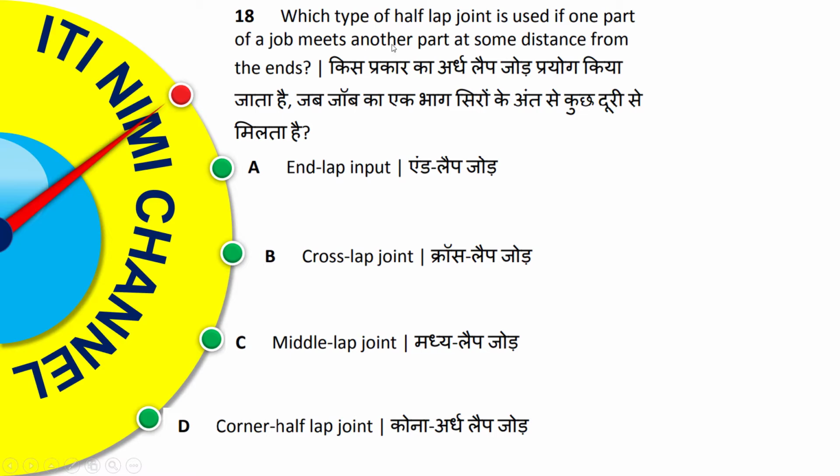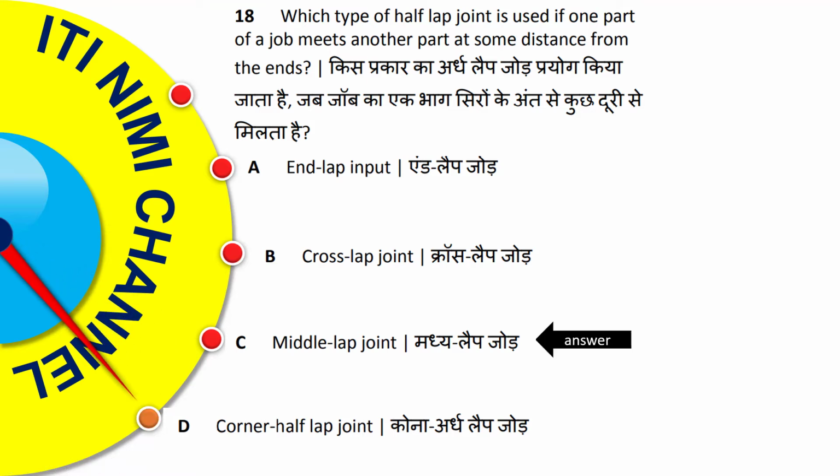Which type of half-lap joint is used if one part of a job meets another part at some distance from the ends? I will repeat the question. Which type of half-lap joint is used if one part of a job meets another part at some distance from the ends? End lap joint, cross lap joint, middle lap joint, corner half lap joint.